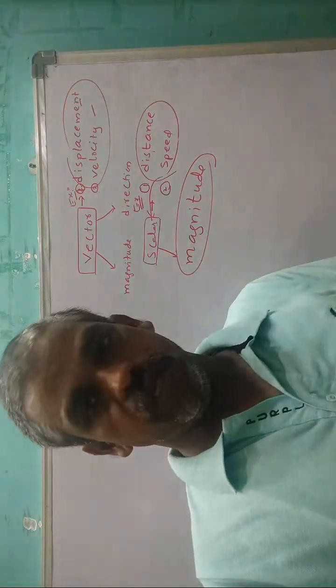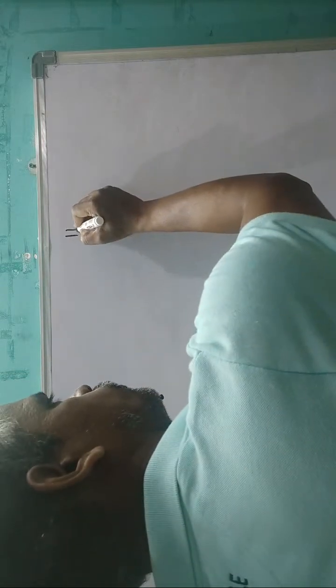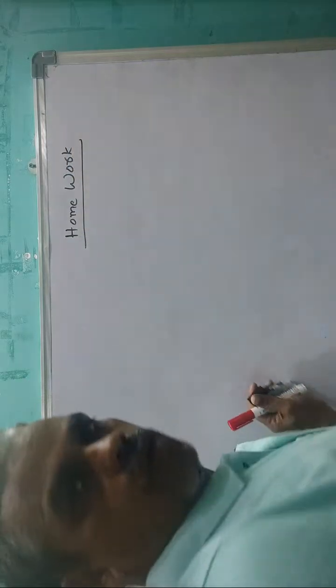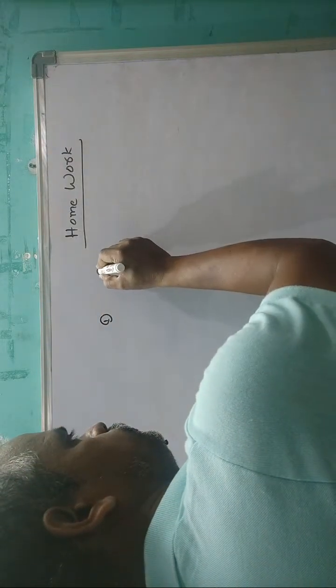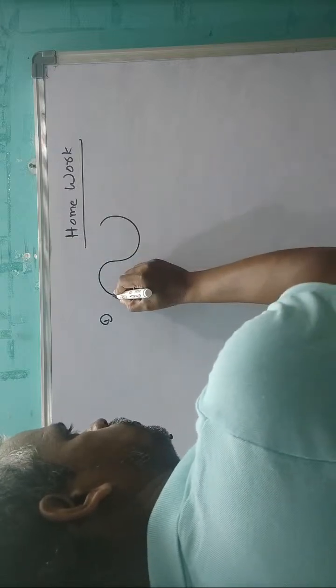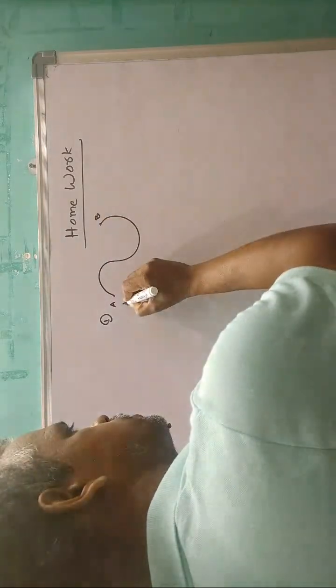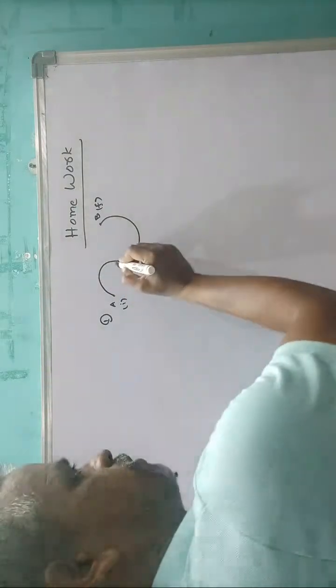Find speed, velocity. Okay, first figure. A, B: this is the initial position, this is the final position. It traveled like this.